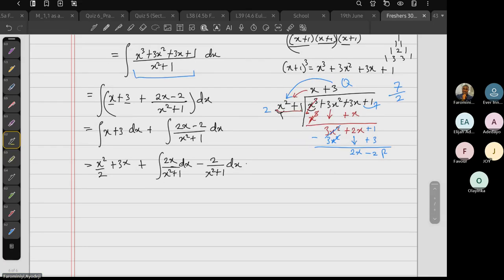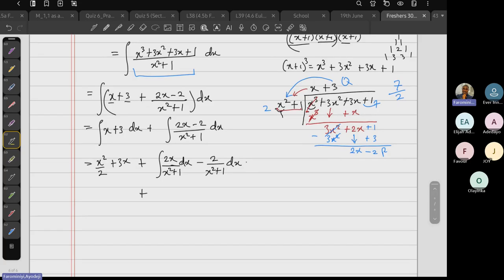Then this one can now be split into 2 times the integral of x over x squared plus 1 dx minus 2 times the integral of 1 over x squared plus 1 dx.